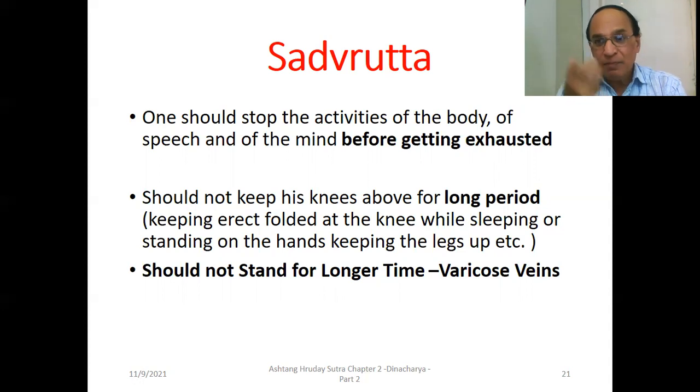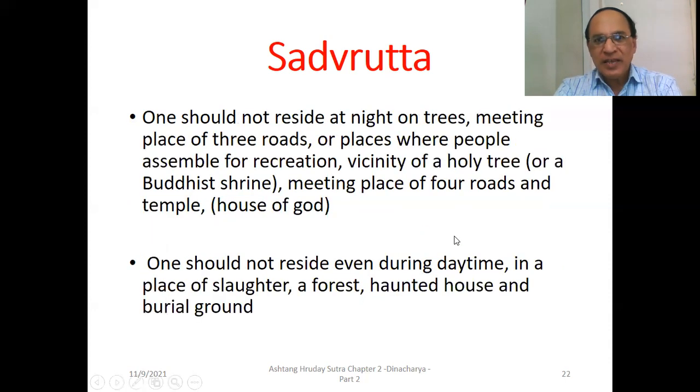People like the postman, for example, or the policeman doing the duty of 12 hours standing, can get varicose veins, edema of the legs, pain in the legs, osteoporosis. All this can happen if you give excessive stretch or burden to your knees. Should not stand for a longer time, because that can cause problems like varicose veins.